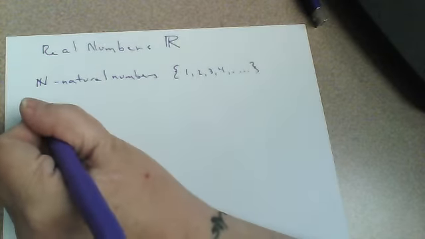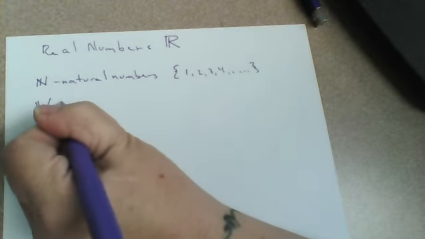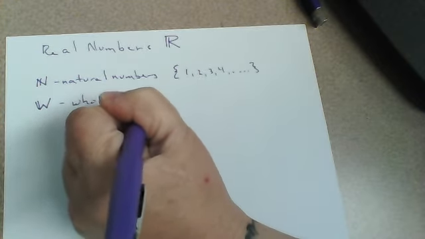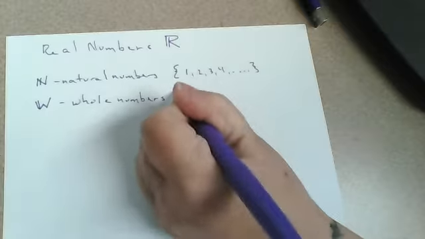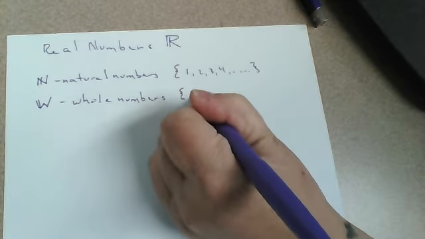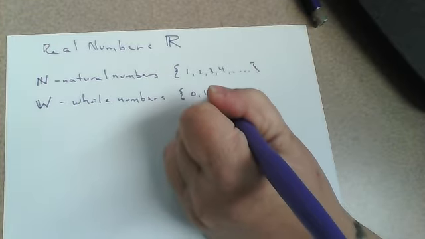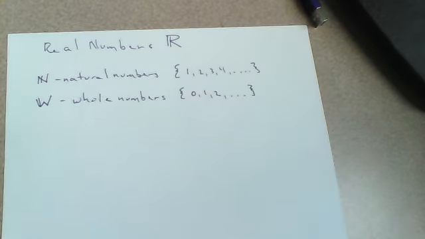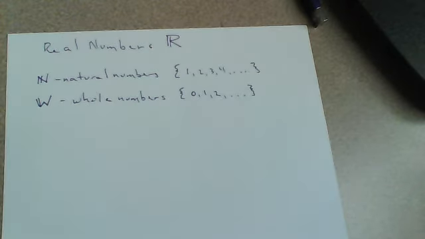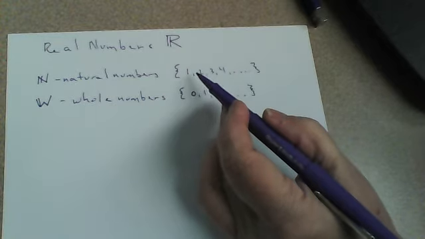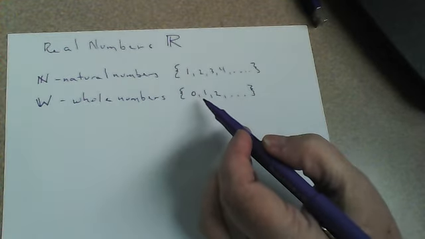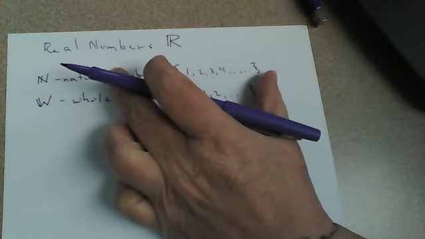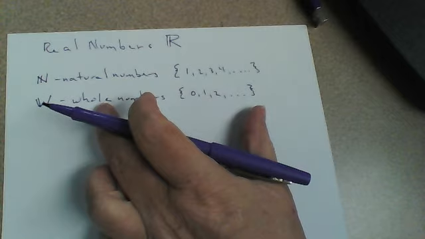Then we've got what we call the whole numbers. The whole numbers are also your counting numbers, and the only difference between the whole numbers and the natural numbers is we start the count at 0 instead of 1, right? They still go on and on forever. They're both infinite. The difference is natural numbers don't have 0, whole numbers do. So you could see that all of the natural numbers fit within the whole numbers.